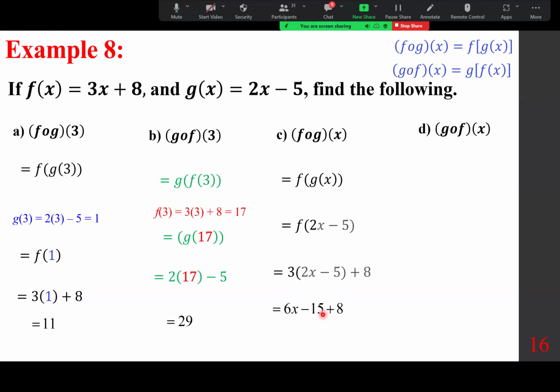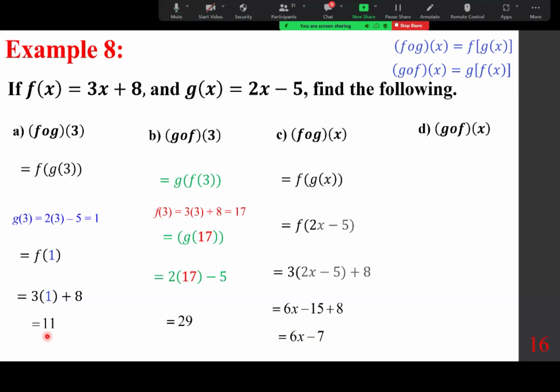And these two add up to negative 7. Now, f of g of 3. So if I put a 3 here, what happens? 6 times 3, 18 minus 7, 11.